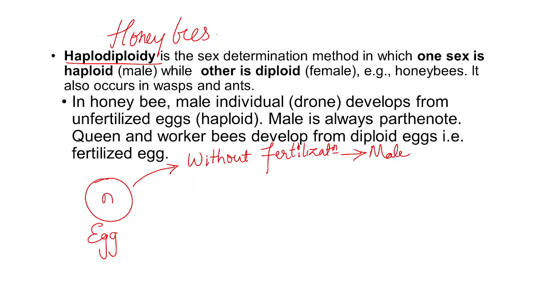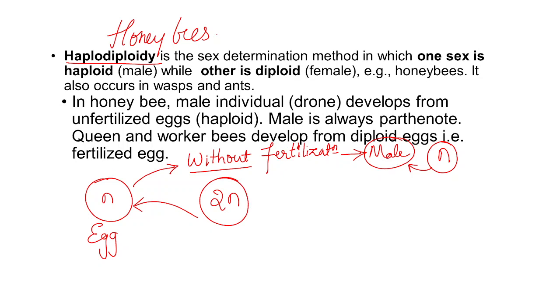Without fertilization, if it develops, it will develop into male. It will be in the form of haploid condition only. It means males will be haploid in nature. But if the same egg is fertilized by a sperm, it will become what? Diploid.